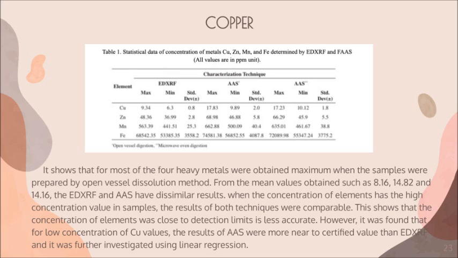This shows that for concentrations of an element close to the detection limit, the result is less accurate. However, it was found that for low concentrations of copper, the results of AAS were nearer to the certified value than EDXRF, and this is further investigated using linear regression.